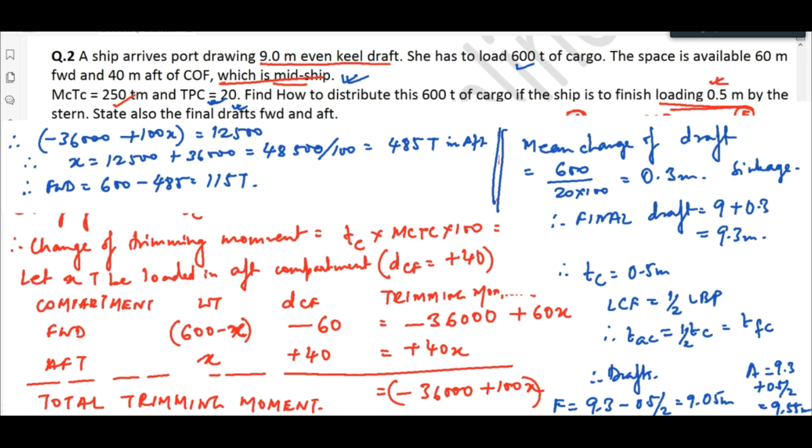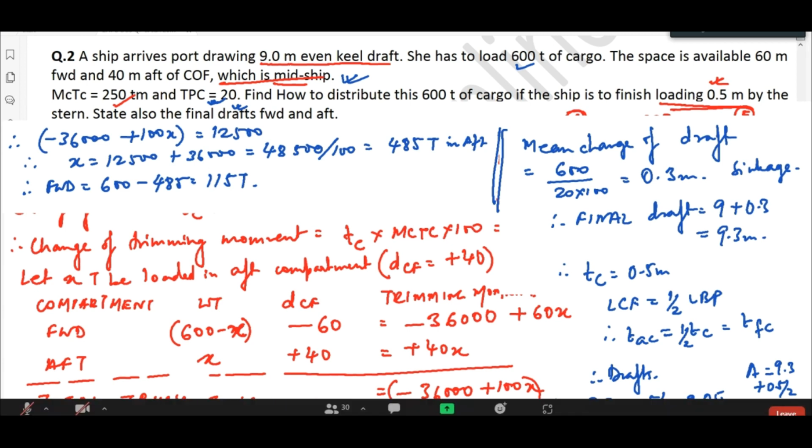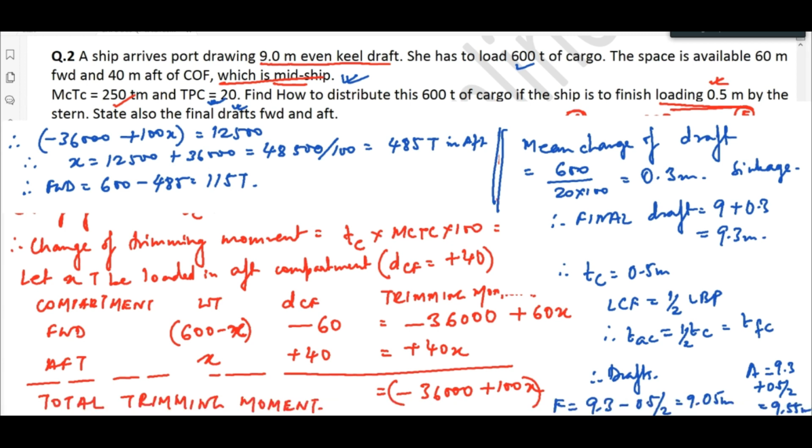Sir, if it had not been given that LCF is equal to half LBP, then something else would have been given from which we could find out where the LCF is, right? Yeah, then he would have given that HF is equal to so much. All of these problems we have done today are actually given in your paper, in your example 26.